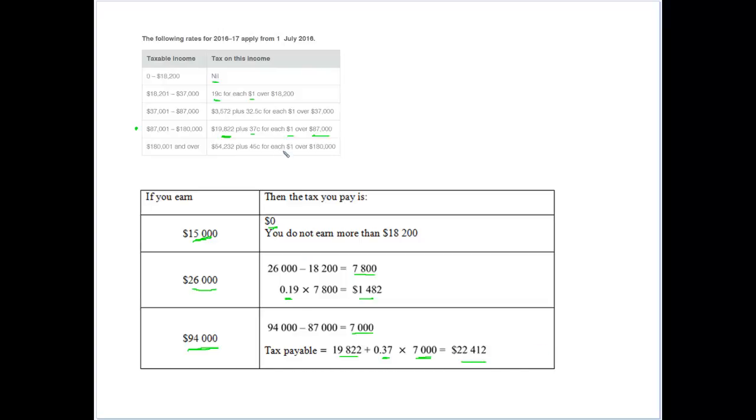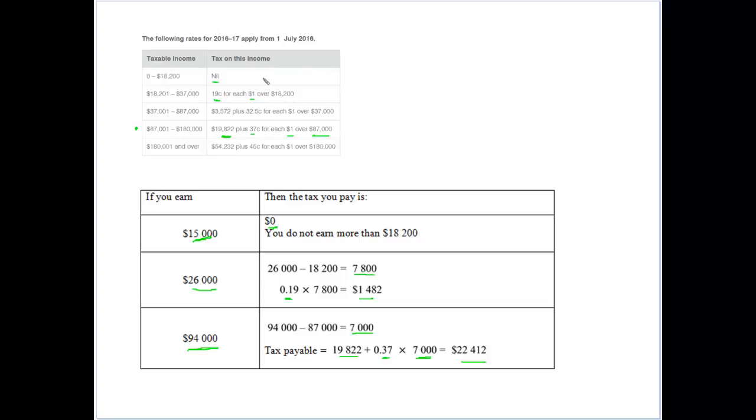So remember that we're not paying 37 cents on every dollar for $94,000. That wouldn't be right. All we have to do is pay 37 cents for every dollar over the 87,000. We paid 32.5 cents in that one for every dollar over 37,000, and we paid 19 cents for every dollar over 18,200.